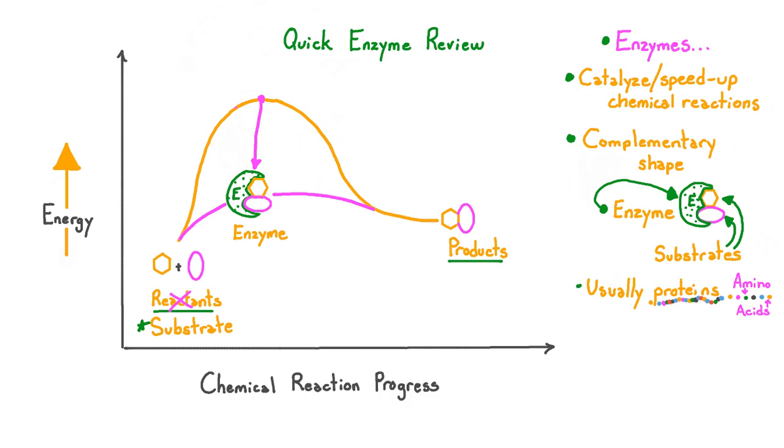The vast majority of enzymes are proteins, and proteins form specific shapes based on their sequence of amino acids. And the most important shape on an enzyme is its active site, because that's where the substrate or substrates need to attach or bond. Enzymes are very specific. Each type of enzyme catalyzes only one particular reaction and binds only certain molecules as substrates.